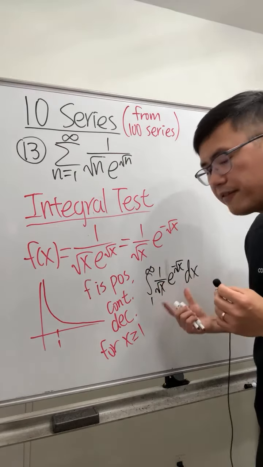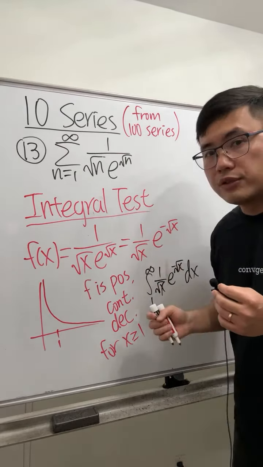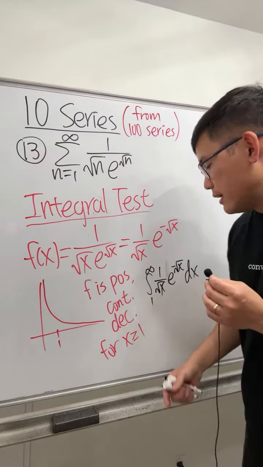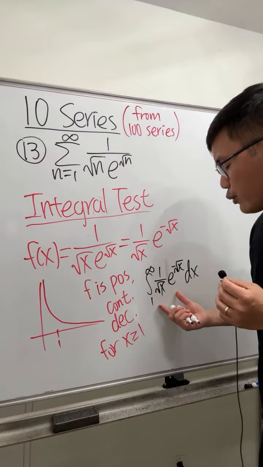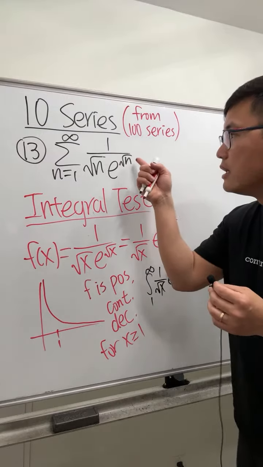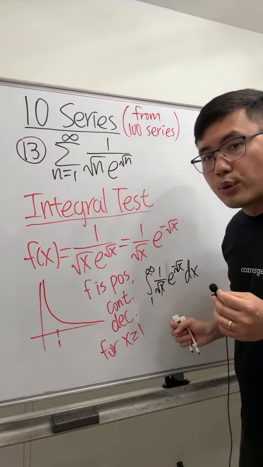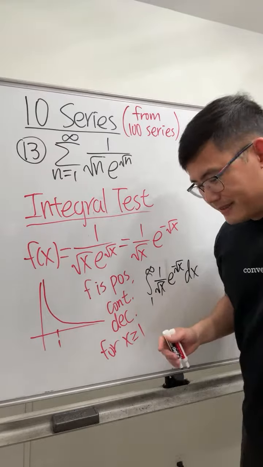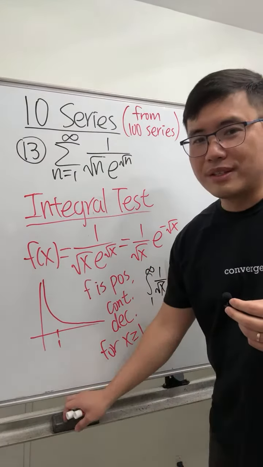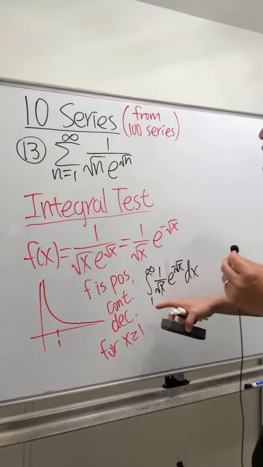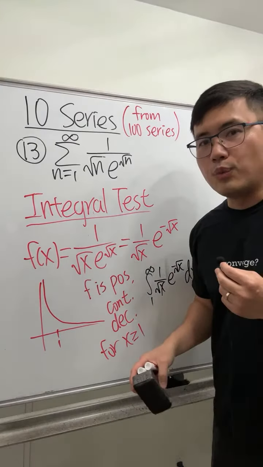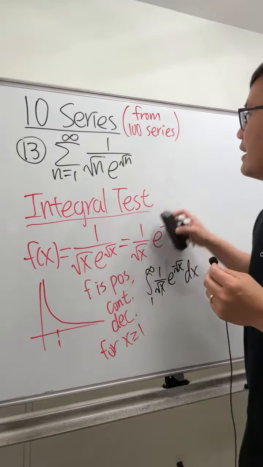If this right here diverges, then this right here also diverges. But make sure that if you do end up with a value right here, you cannot say this converges to the same value because they don't, right? So go ahead and work out the integral and check that out. If you want to see the solution, make sure you just check out the 100 series video.